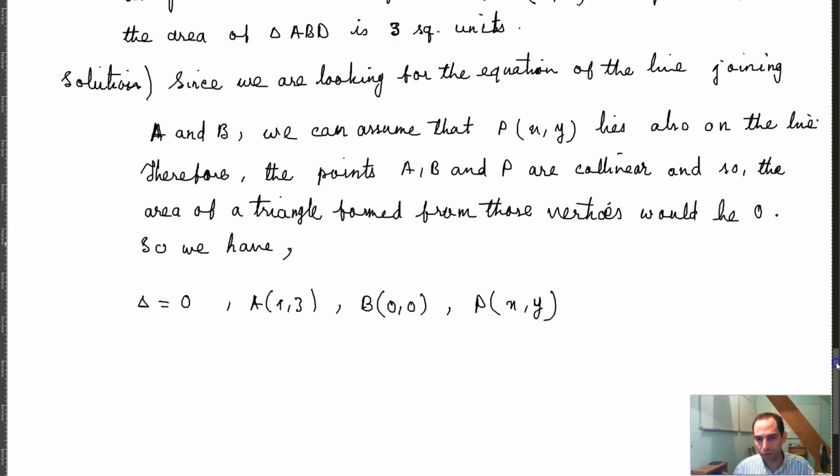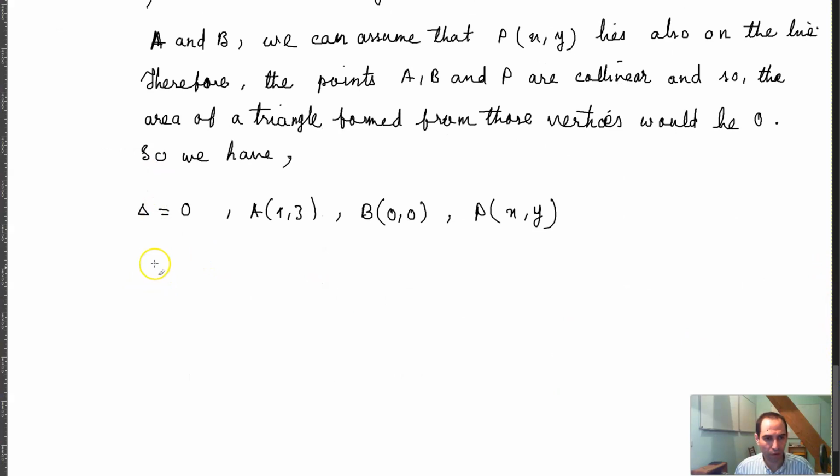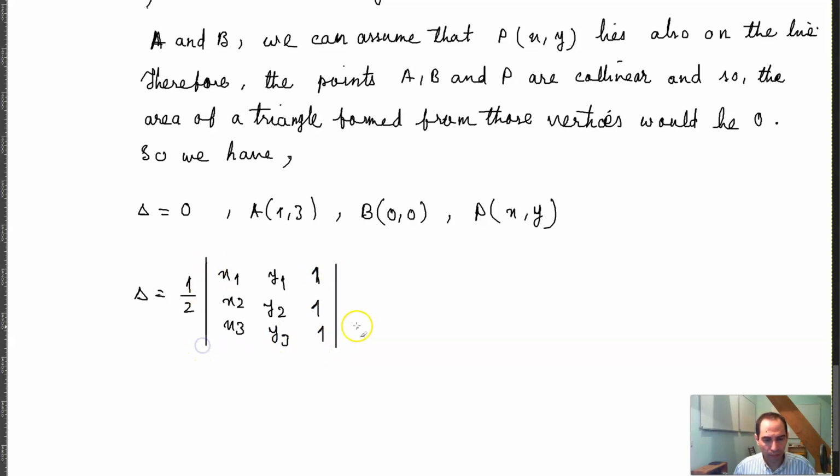And now I can use the determinant that we had, that was delta is equal to 1/2 times the determinant x1, x2, x3, and y1, y2, y3, and 1, 1, 1.